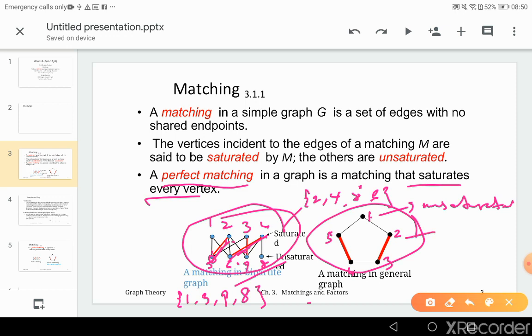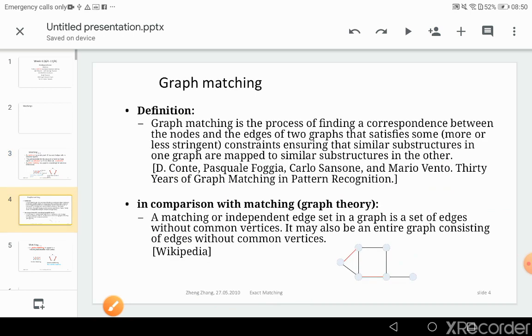The saturated vertices are 2, 3, 4 and 5. So this is not a perfect matching. So where is the perfect matching?